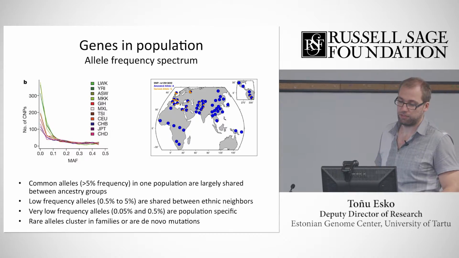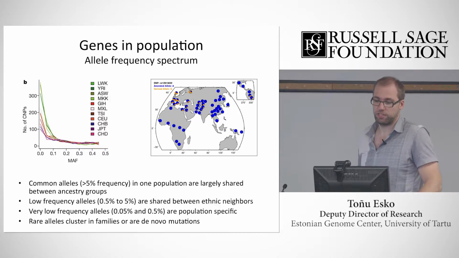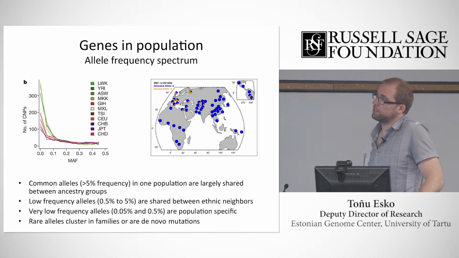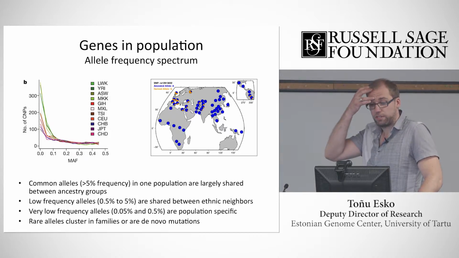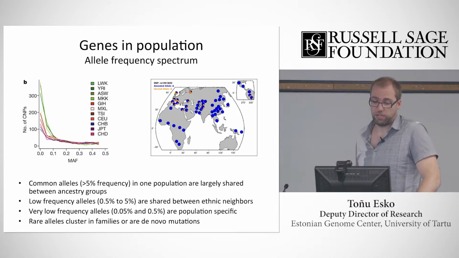For example, the African populations, in green. There are many alleles that are present in Africa and nowhere else. In Europe and Asia there are also such alleles, though not that many, but you cannot observe them anywhere else in the world.